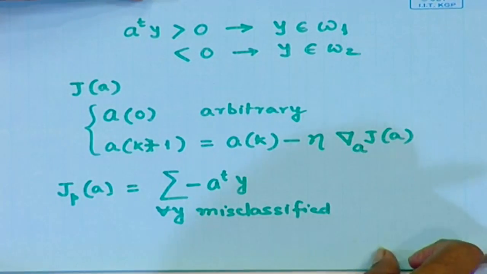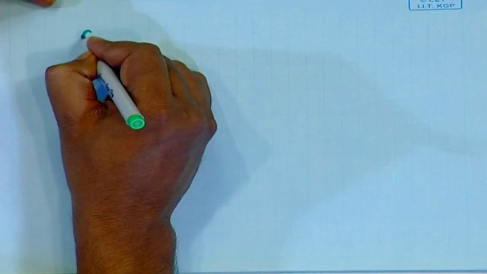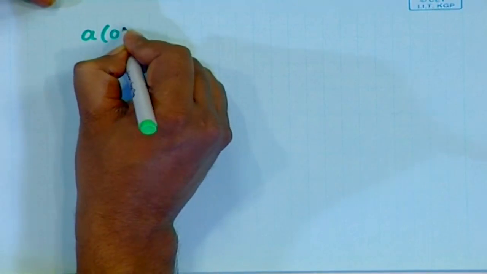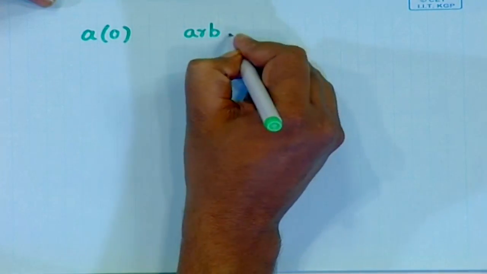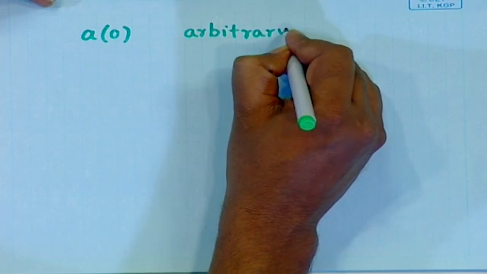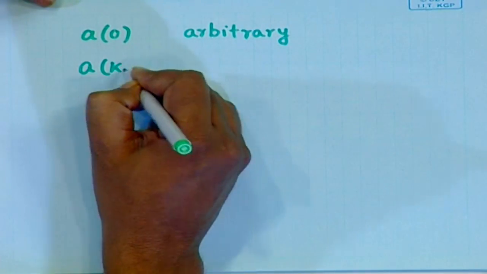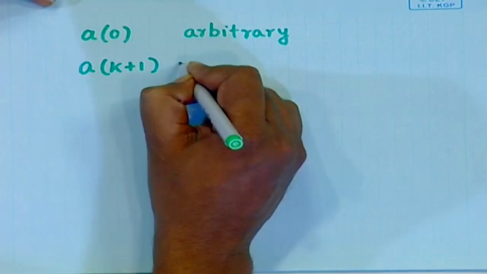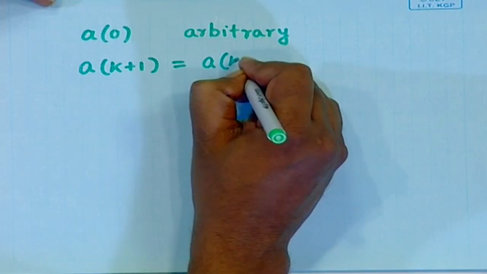Okay. So, following this, we had come to an algorithm following the perceptron criteria that, again as in the general case, we start with an arbitrary weight vector A, and then in every iteration A is refined following a similar algorithm, that is A k.